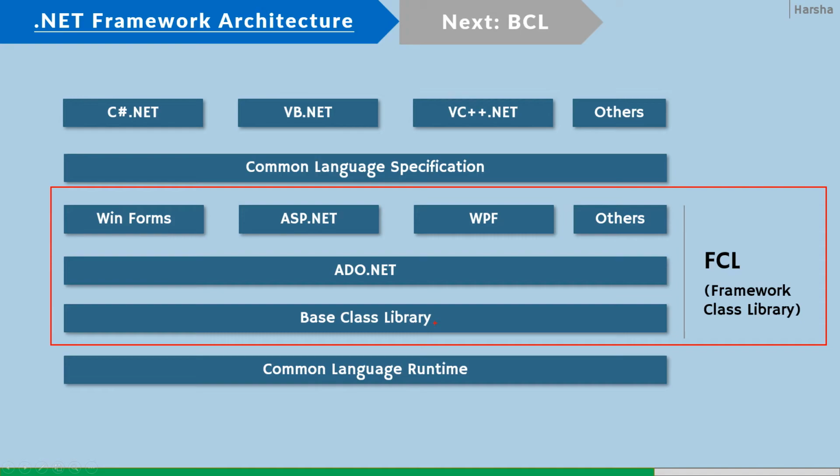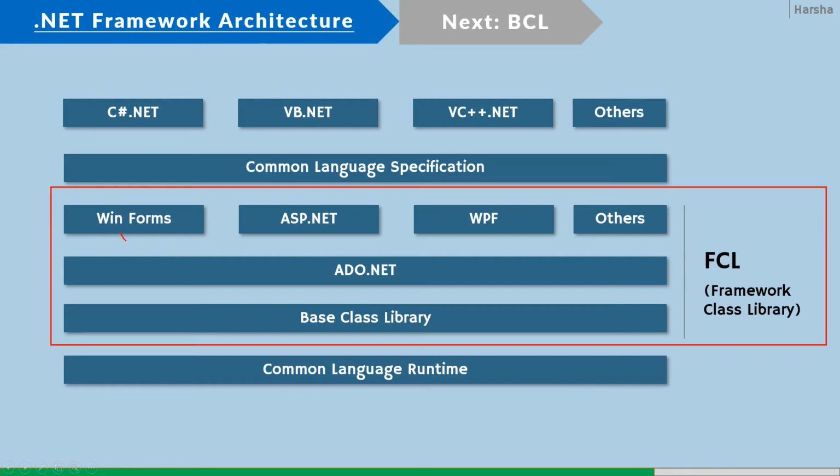So they can be used in desktop, web and mobile applications. ADO.NET is also similar to BCL, so it can be used in all types of .NET applications. But ADO.NET depends on BCL, and it provides a set of classes for developing database connections in any type of .NET application.